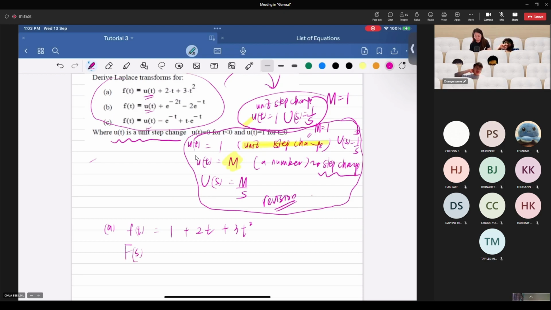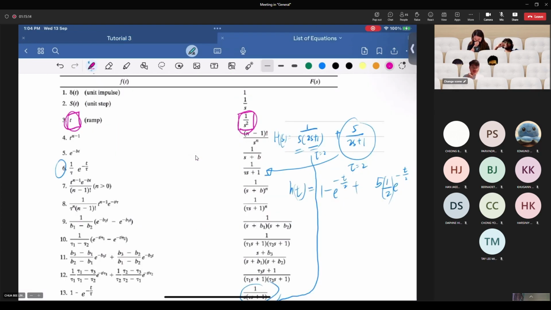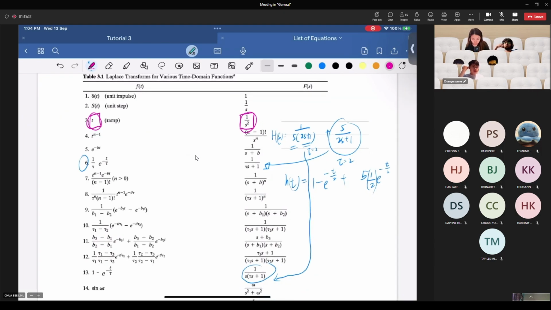So your F(s) will be 1 over s plus 2 over s squared plus, this one a little bit of modification should be done. Okay, so you can refer back to term 4.